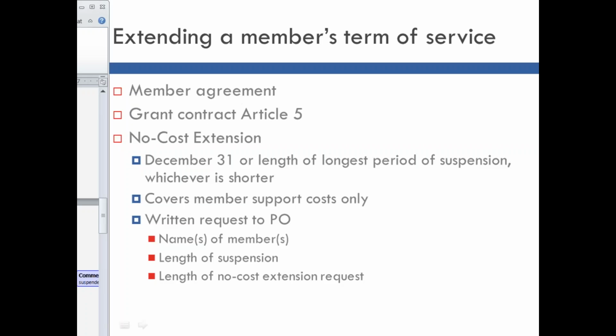I'm referencing Grant Contract Article 5 because that states, and this is a reference to all programs' general contract with us, that the performance period, which is essentially the contract period, end date may be extended without amendment to the contract, so long as there's an approval of a no-cost extension, and that no-cost extension is being requested due to one or more AmeriCorps members being on suspension.